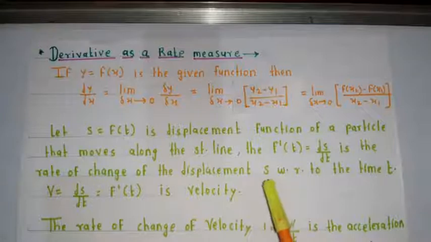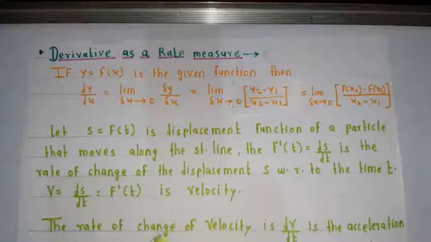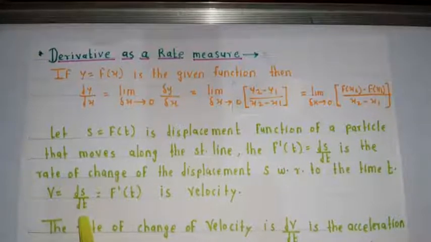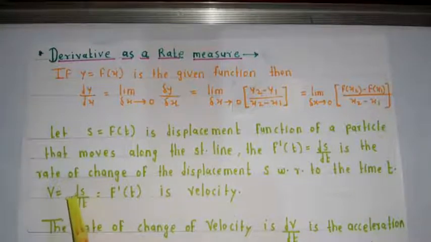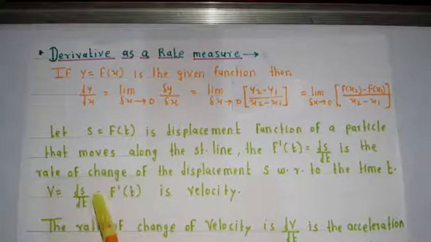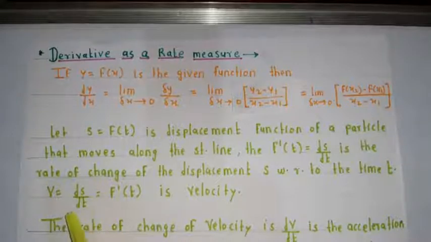In physics we study all these things. Therefore v equal to ds by dt, that is the rate of change of displacement with respect to time. Here ds means s2 minus s1, that is the change in displacement, and dt is t2 minus t1, that is the change in time.